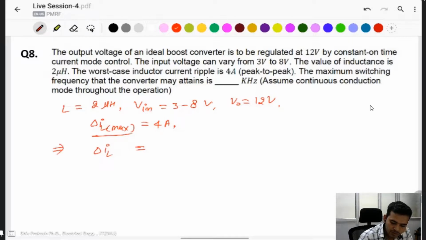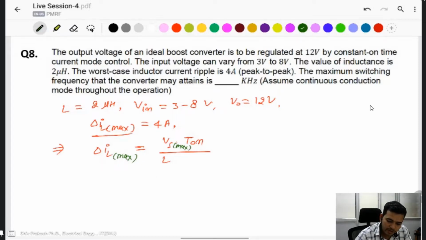For the boost converter, you know delta IL equals Vs into T on divided by L, that is Vs by L times T on. Delta IL is maximum when Vs is maximum.